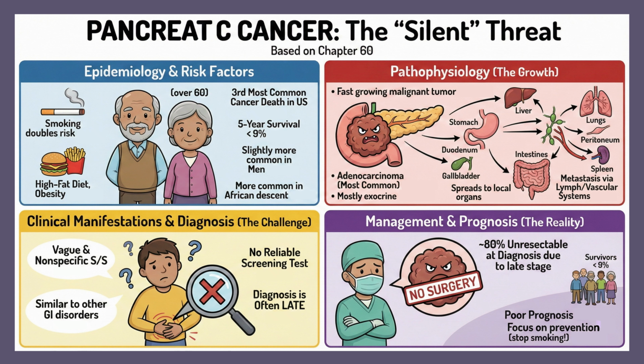Most individuals are diagnosed when the cancer is already advanced, with approximately 80% having unresectable tumors. This delay is largely attributed to the subtle and non-specific nature of its early clinical manifestations and the absence of reliable screening tests for early detection.